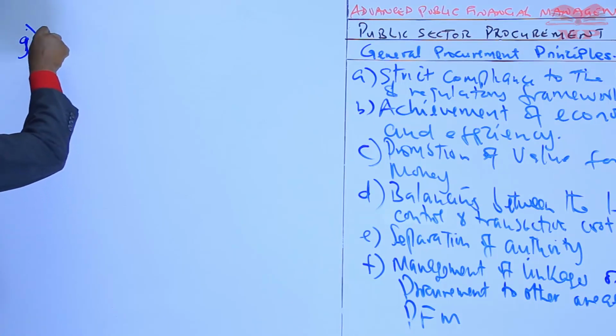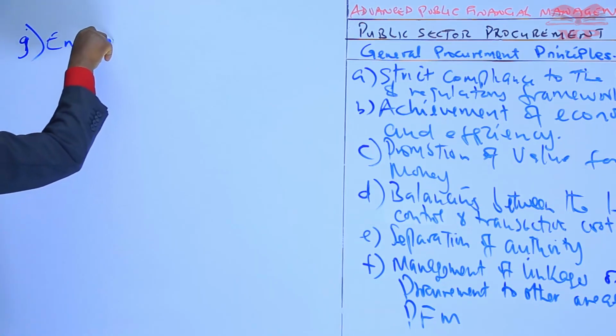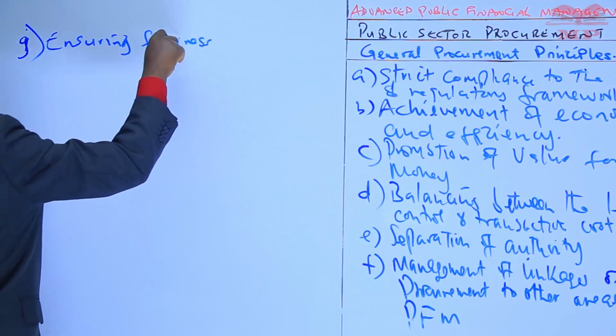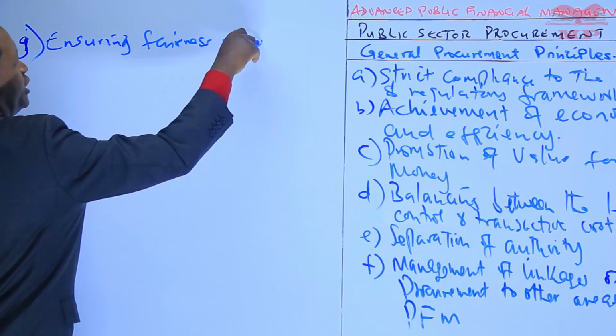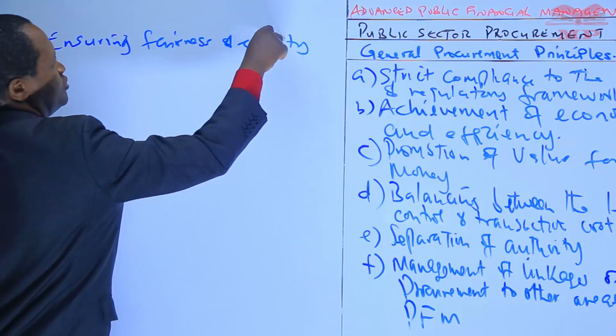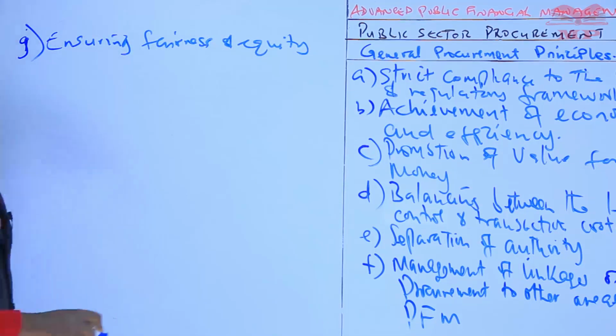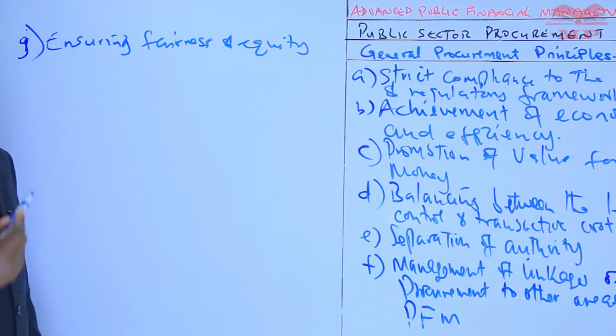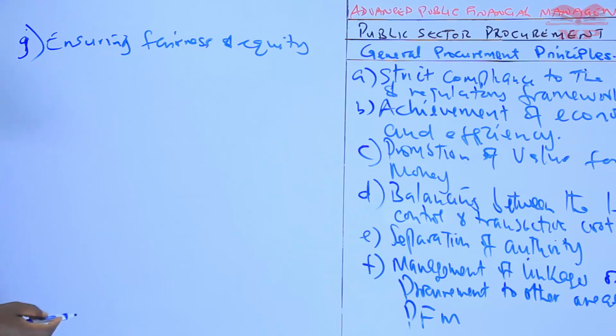Fairness and equity. Ensuring fairness and equity and avoiding what we call discrimination in the invitation, evaluation, and award of procurement contracts.